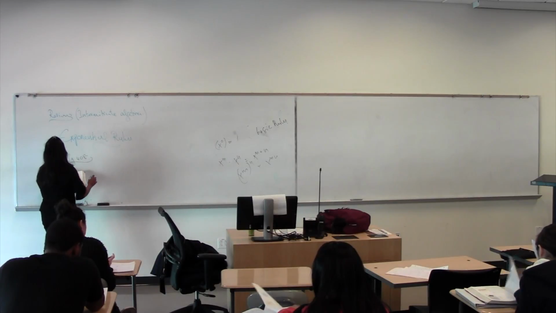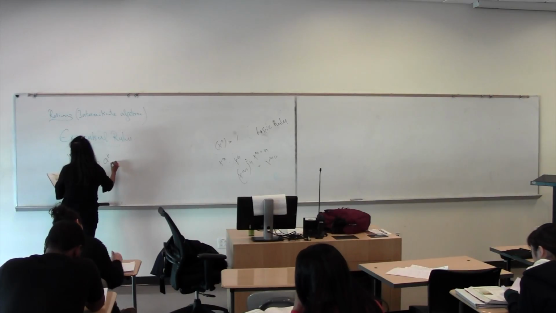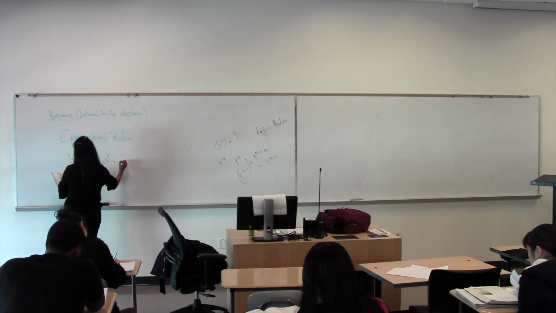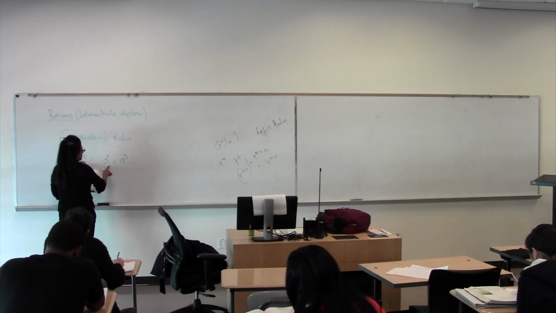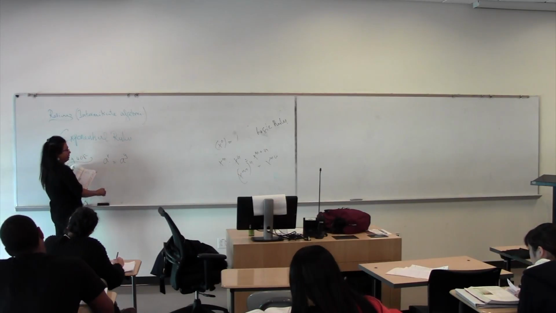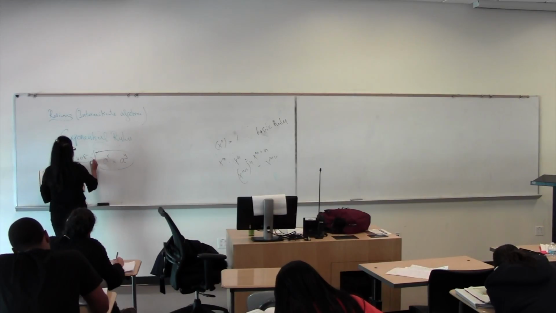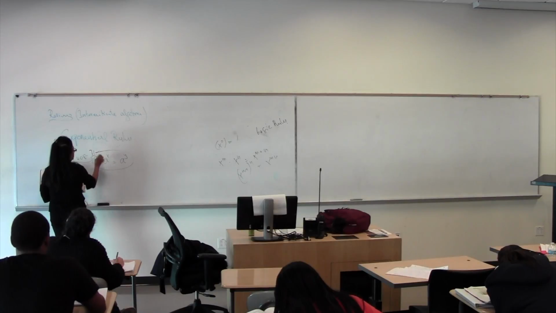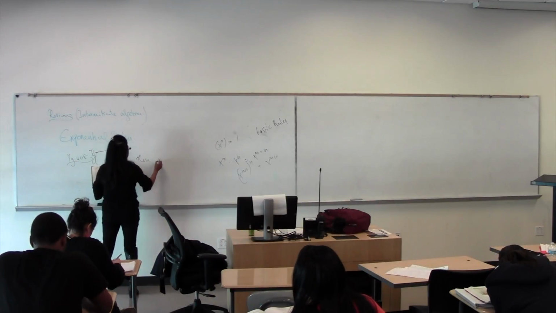It says a to the x is equal to a to the y. If you have an equation like this, if this is true, then x is equal to y.